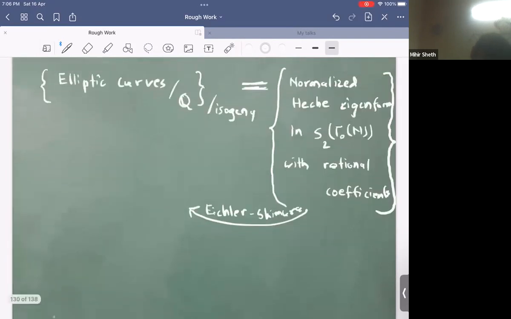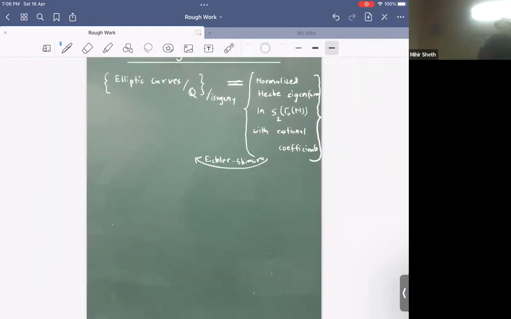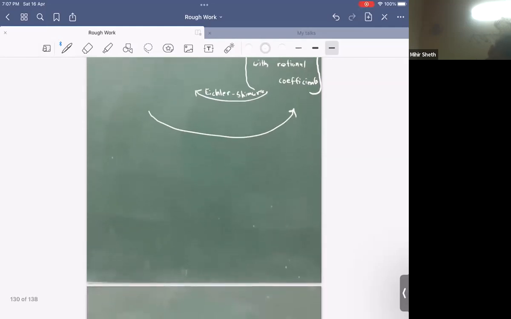And the direction from left to right is the modularity theorem, which was more difficult than the right to left direction. It was first conjectured by Eichler-Shimura and then later proved by Wiles, Taylor, and so on. So this is the modularity theorem, that every elliptic curve over Q arises from a modular form.